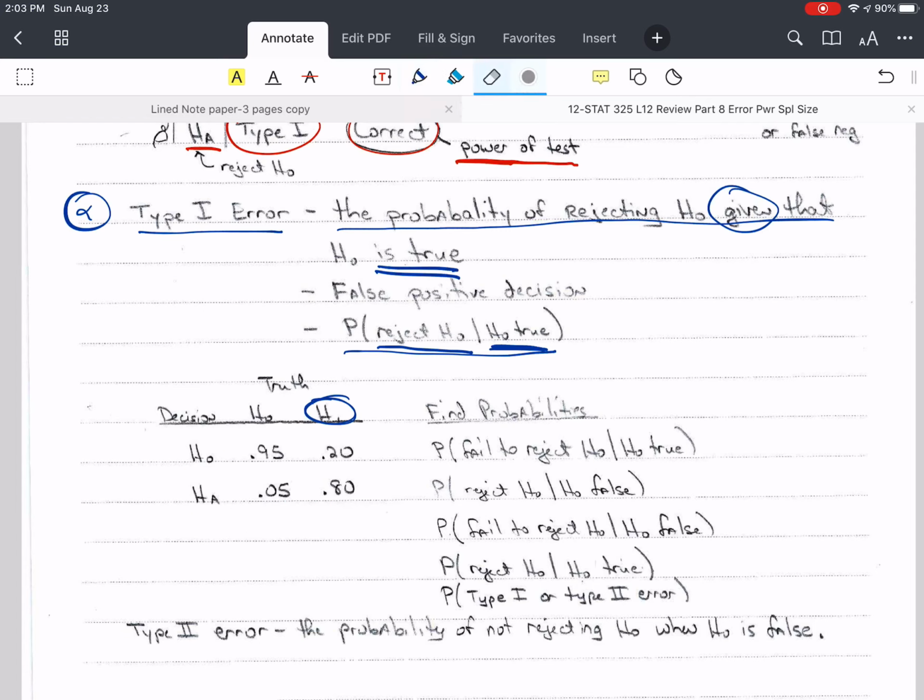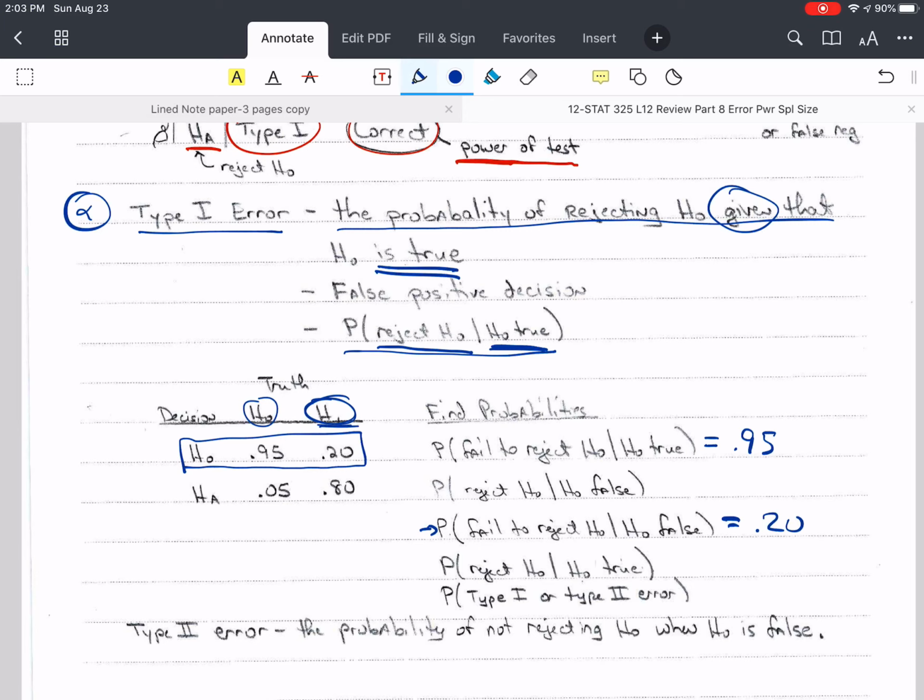Fail to reject H0 is this row here. Given that H0 is true, that's 0.95. Now, let's skip down to the third one. Fail to reject H0 when H0 is false, that's going to be 0.20. That's this other value here.